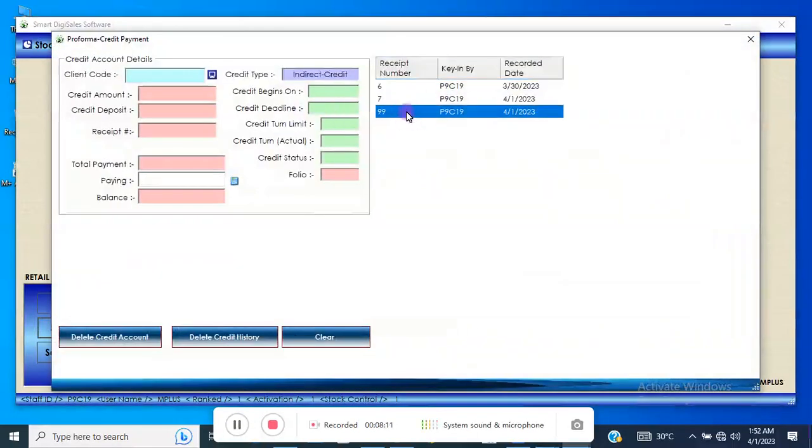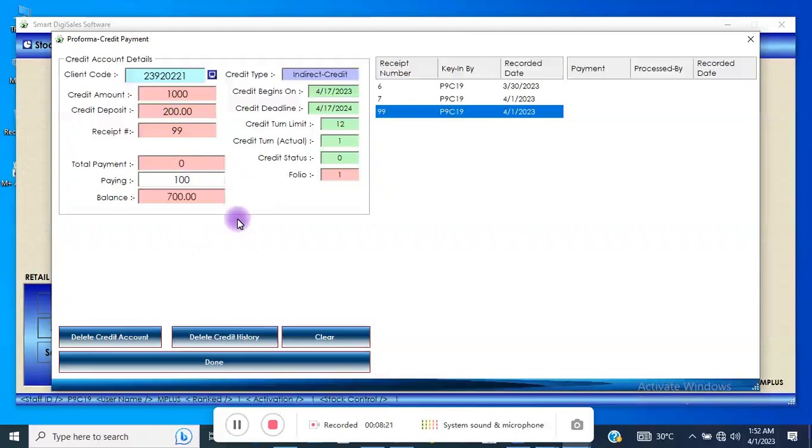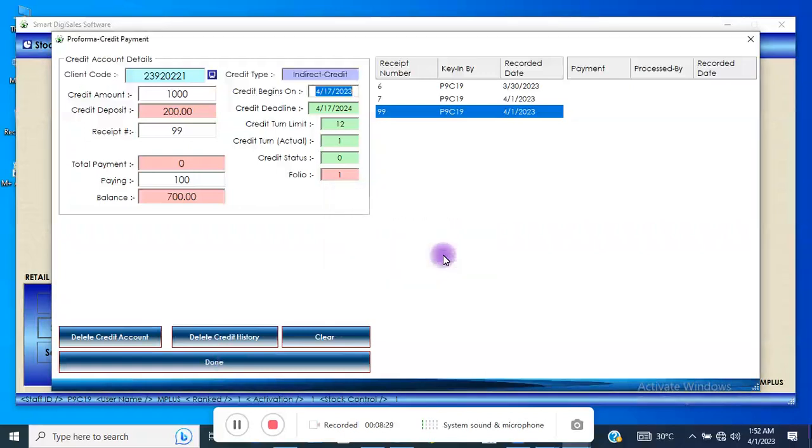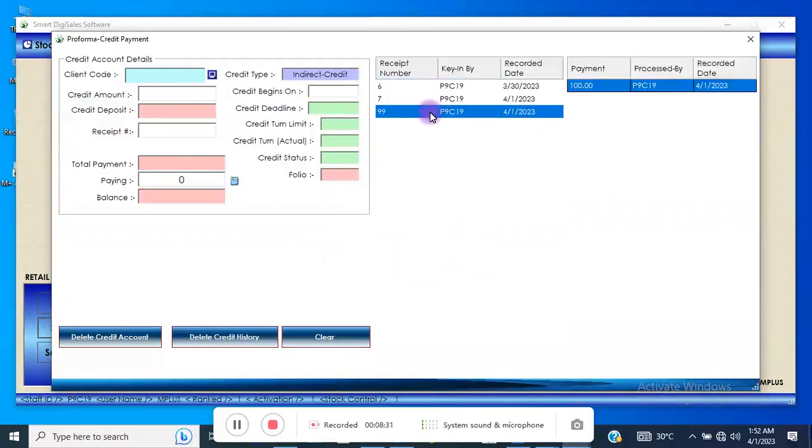So let's say K Pipra is 99, the receipt number. So I click on, let's say 100. K Pipra is paying 100 today. You click on the calculator and then the calculation is done. So you click done and it registers the payment. So when you click on receipt number 99 for K Pipra, you realize that your payment history is being followed.